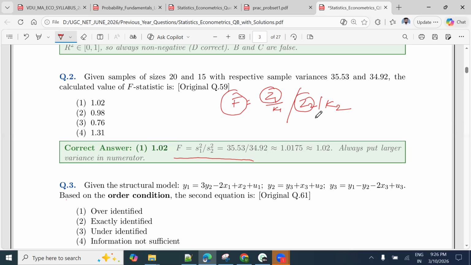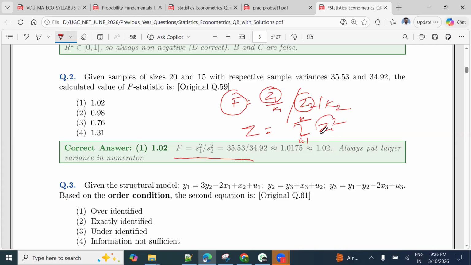But let me tell you, the chi-square distribution is basically written like this. Z is a standard normal variate, so it is Zi square, summed from 1 to K. Here Z1 and Z2 up to Zk are standardized normal variables, that is, normal variables with zero mean and unit variance.